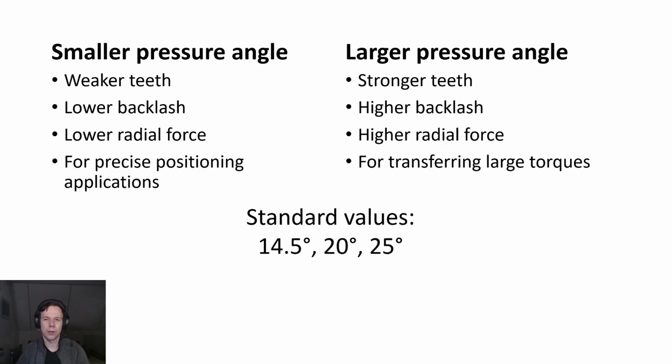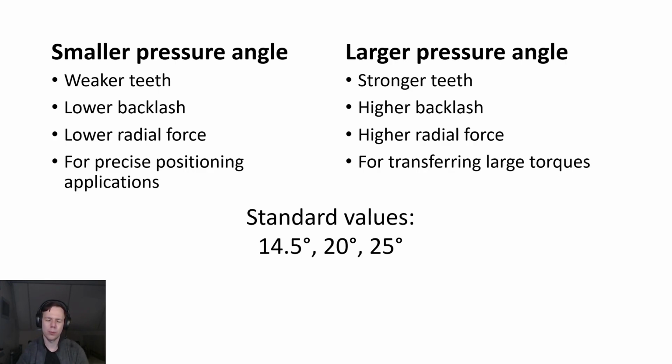Finally, I should note that there are 3 standard values for the pressure angle for gears that you can buy. The most common of these values is 20 degrees, which is most general purpose gears. The second most common value that you will find is 14.5 degrees, which is again for more precision applications and also in some cases in older machinery.